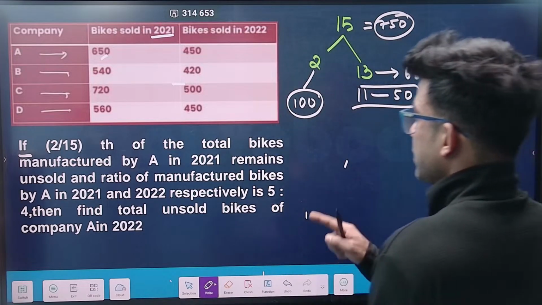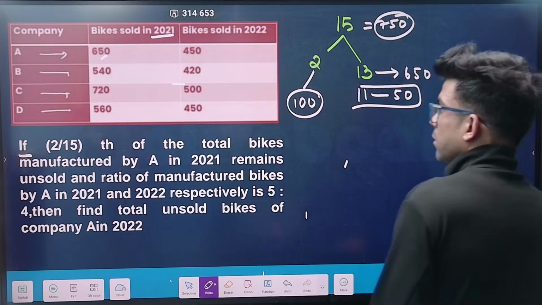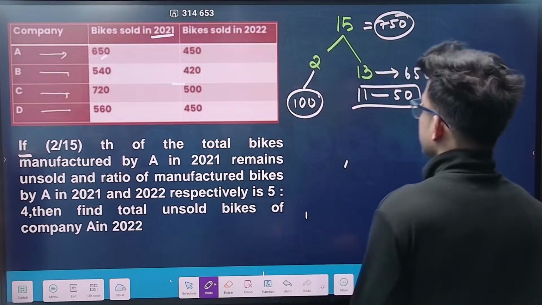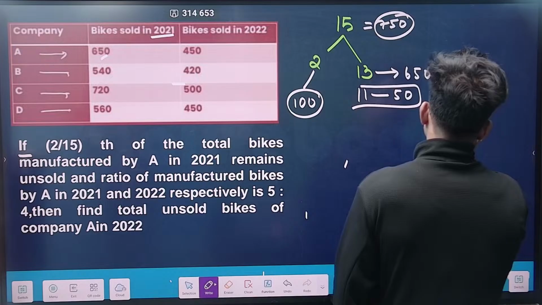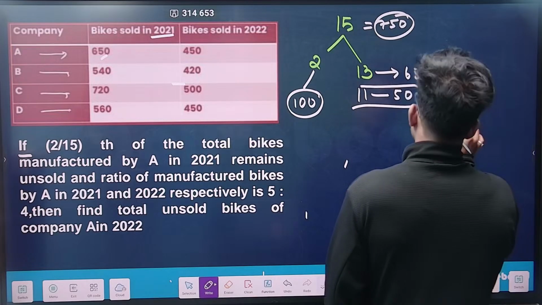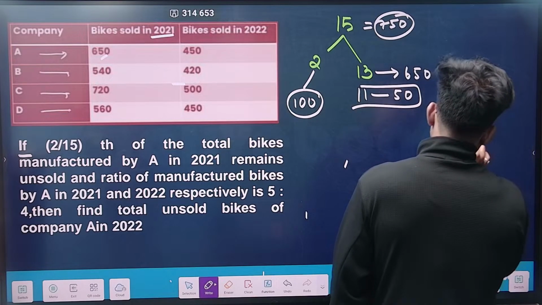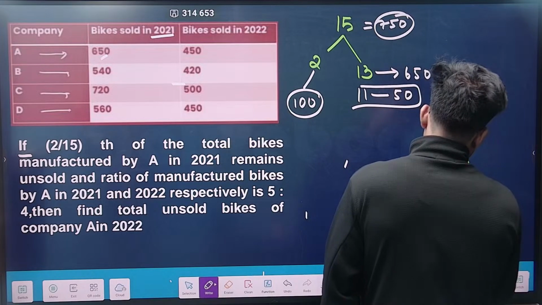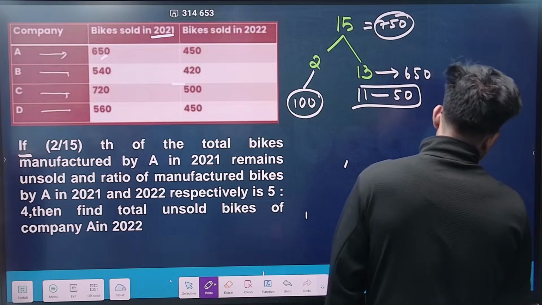Now they are saying the ratio of manufactured bikes. The manufactured bikes of A in 2021 is 750, and the ratio of 2021 to 2022 is 5:4. So can I say that 5 belongs to 750?